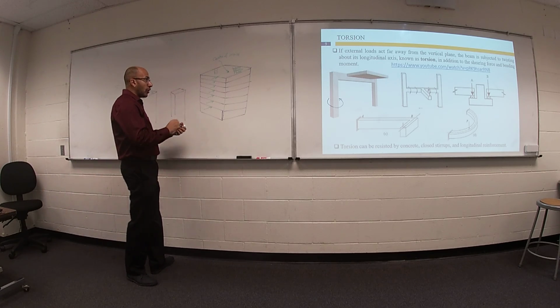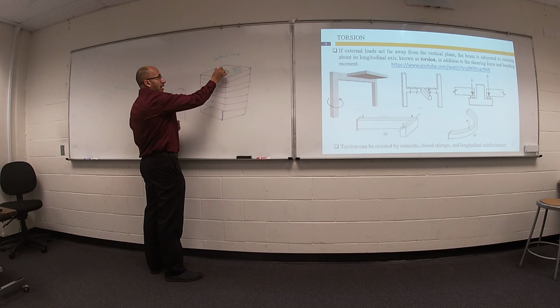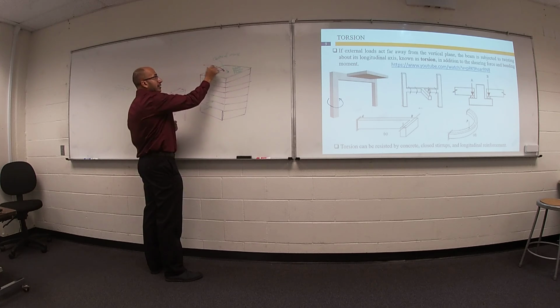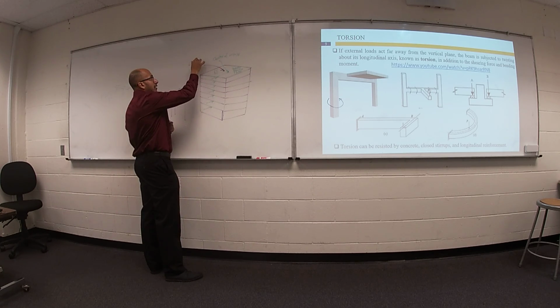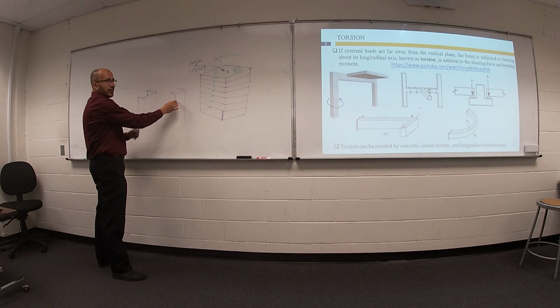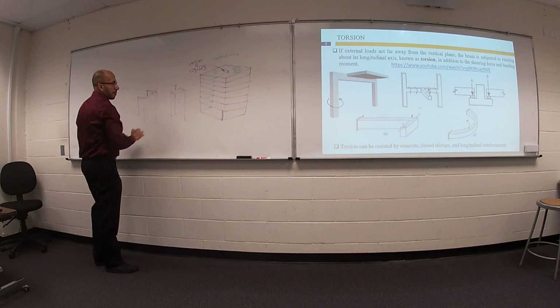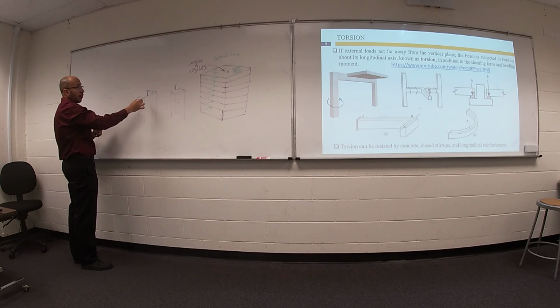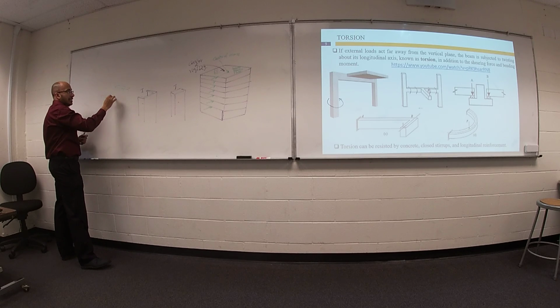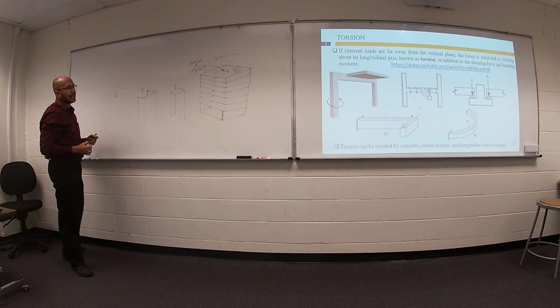Actually, we have another point, called the center of rigidity. This column has inertia. This shape of column has another inertia. This shape of column has another, different inertia.